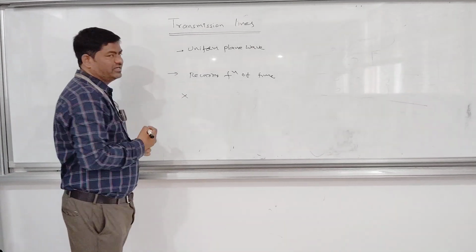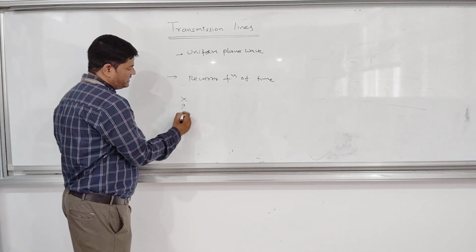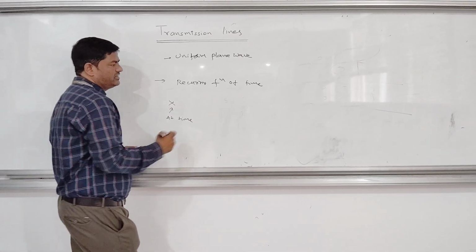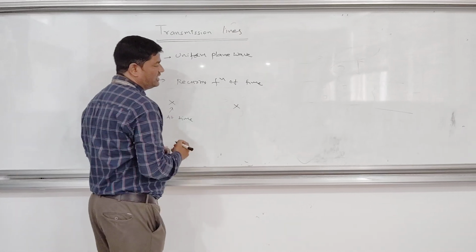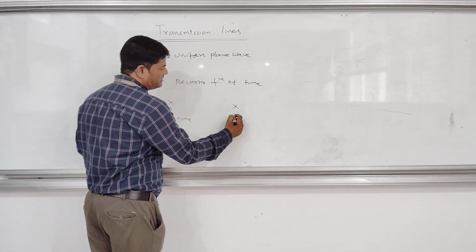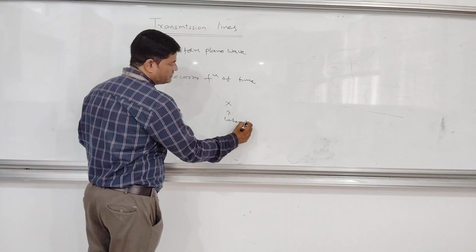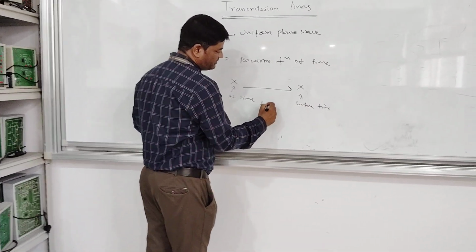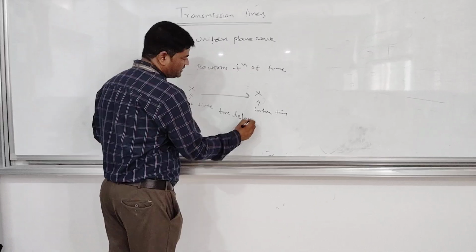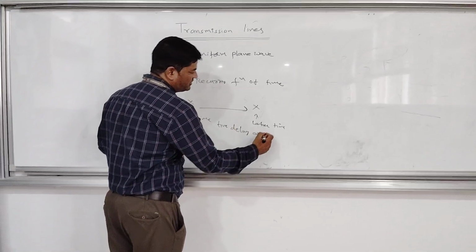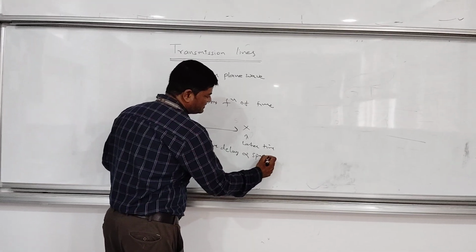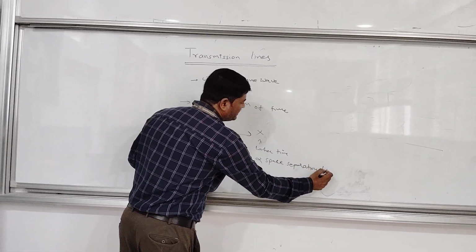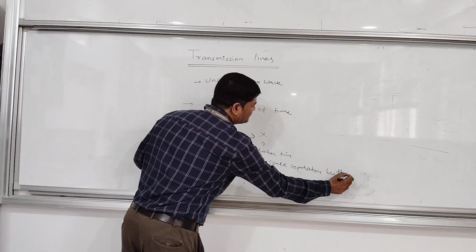It is available at this location at this time, and it is reproduced at another location at a later time. The time delay is proportional to the space separation between the elements.